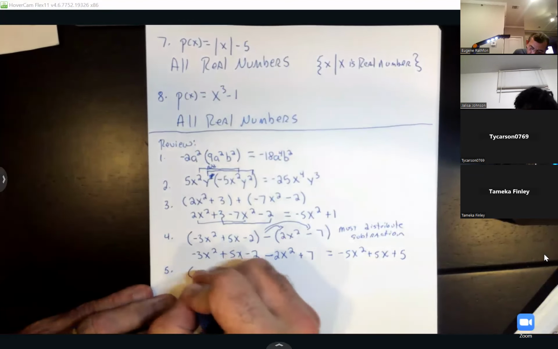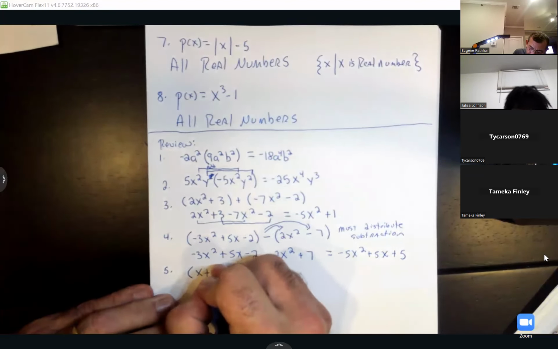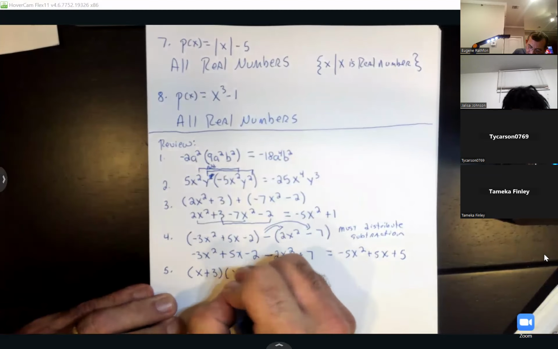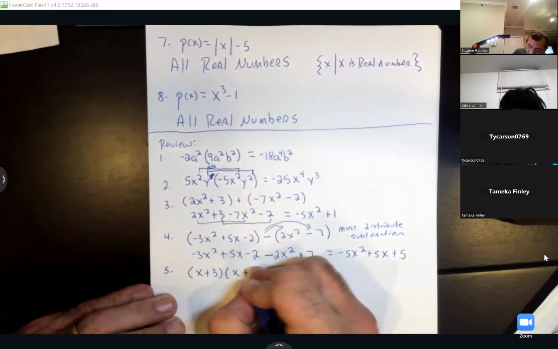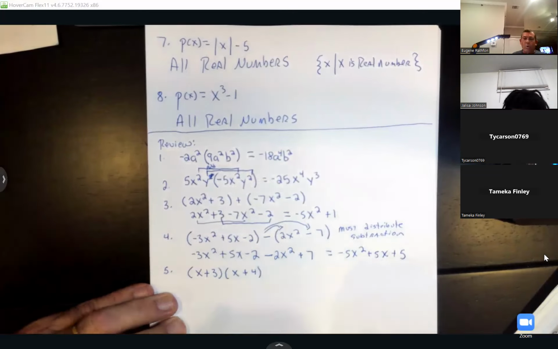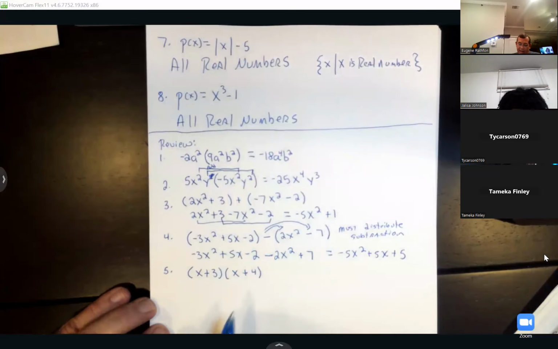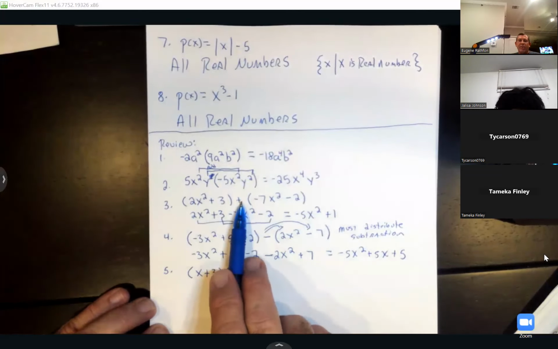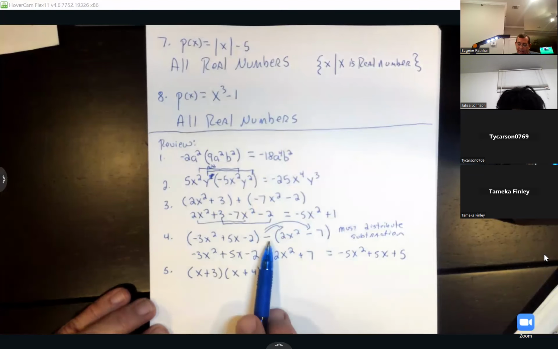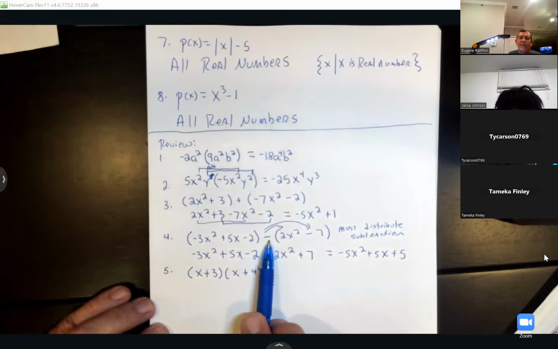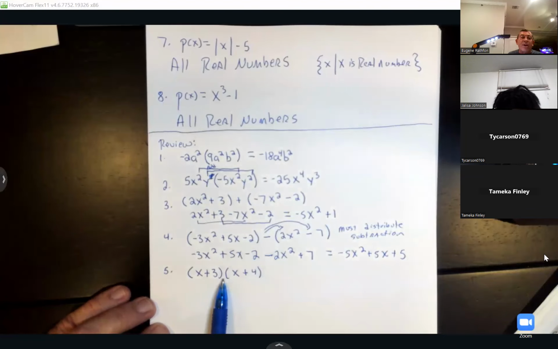All right, y'all, so let me do one more. X plus 3 times X plus 4. All right, notice up here you had a plus in between the parentheses. Here you had a minus in between the parentheses. Here you have nothing.